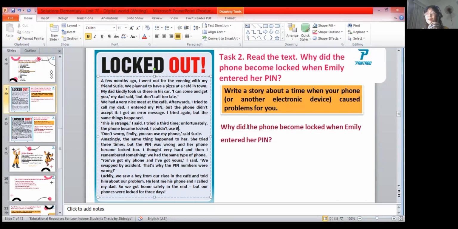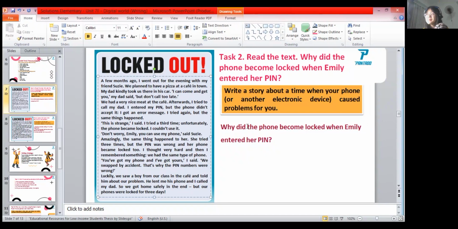Luckily, we saw a boy from our class in the cafe and told him about our problem. He lent me his phone and I called my dad. So we got home safely in the end, but our phones were locked for 3 days.